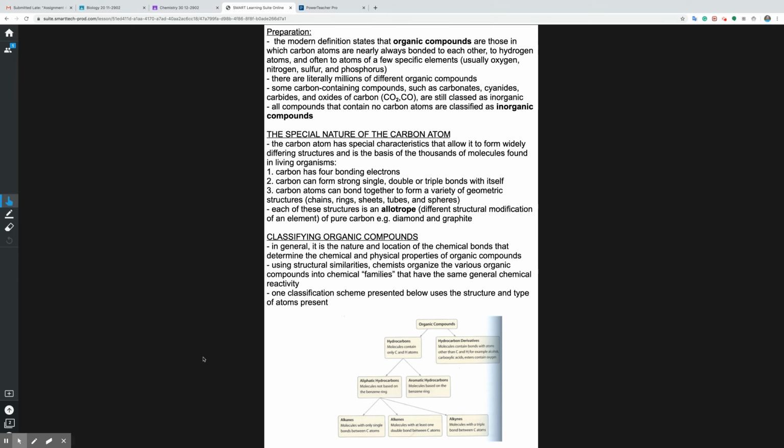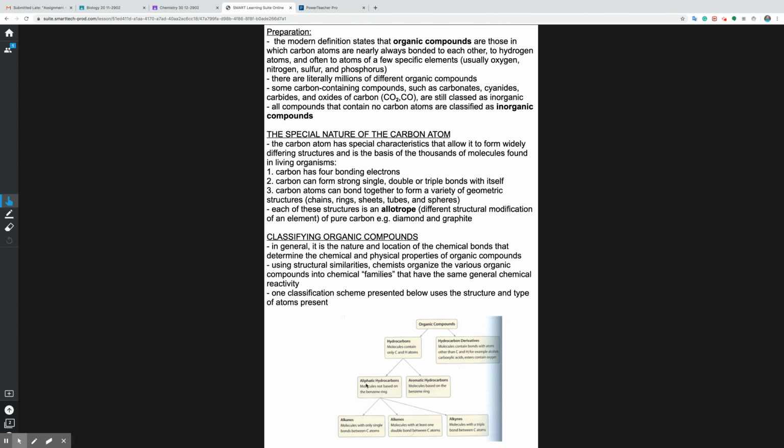One classification scheme presented below uses structure and type of atoms present. So we have organic compounds. They can be split into hydrocarbons, which only contain carbon and hydrogen, and hydrocarbon derivatives, which we'll talk about later: alcohols, carboxylic acids, esters, and so on.